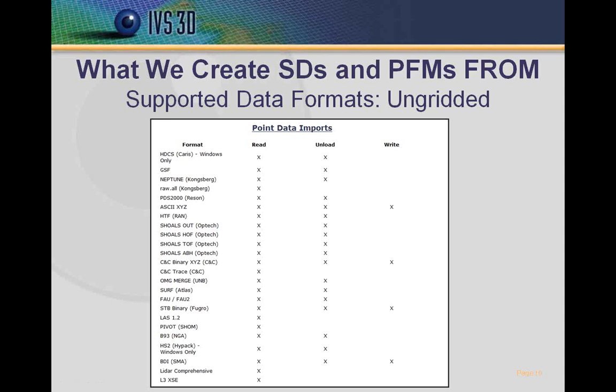So we have the HGCS file from Keras, the generic sensor format file, or GSF, some other common ones in there, HS2 files from HiPAC, LAS files. This is ungridded data. So you'll take this data in and you can create a PFM or a DTM SD from this file.